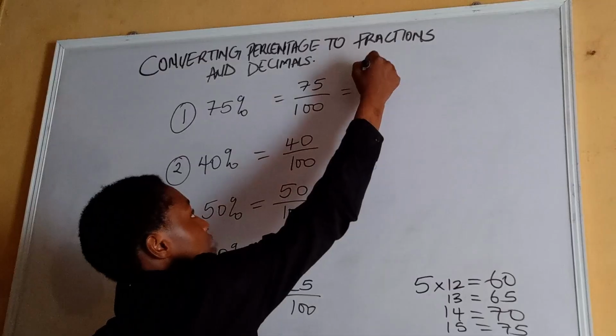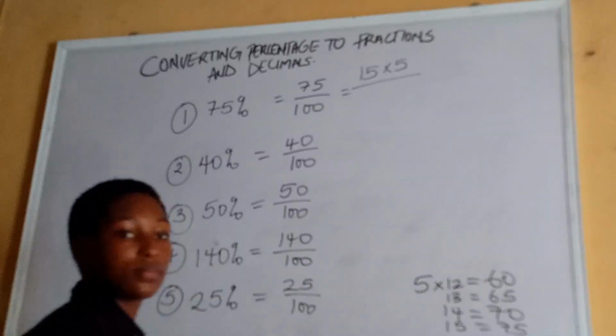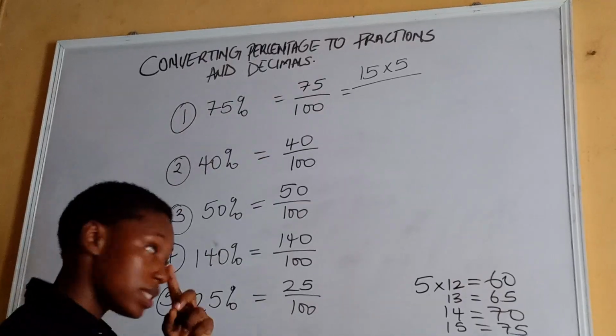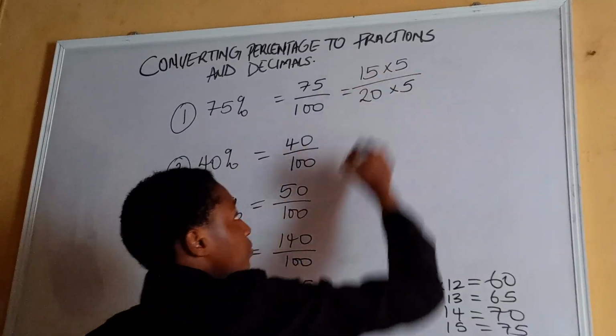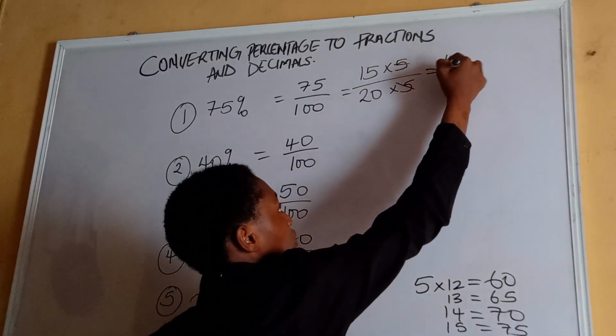So this will be the same thing as 15 times 5. And your 100 is the same thing as 20 times 5. So 5 here can cancel 5. You are left with 15 over 20.